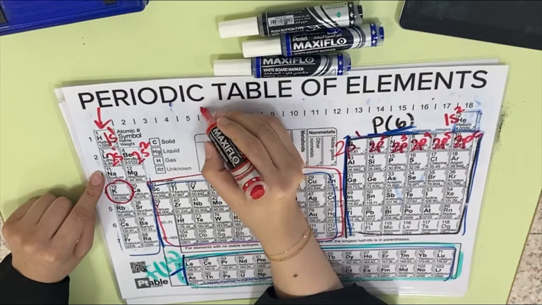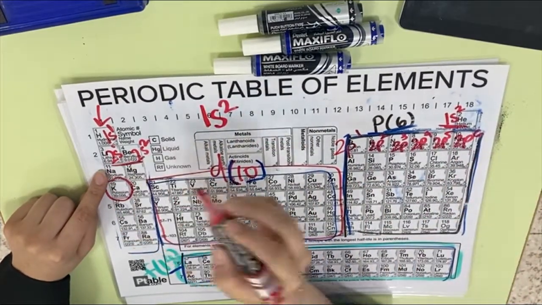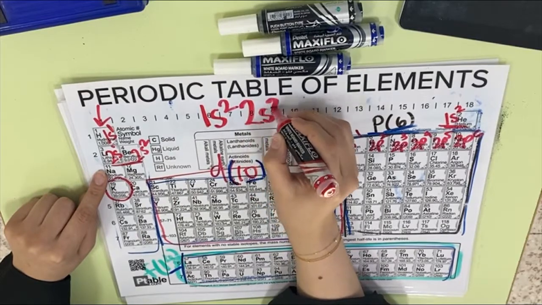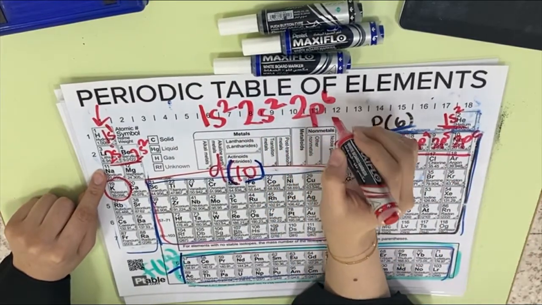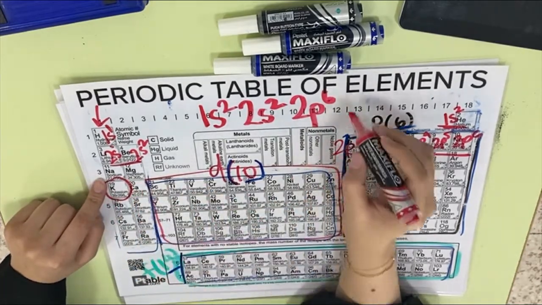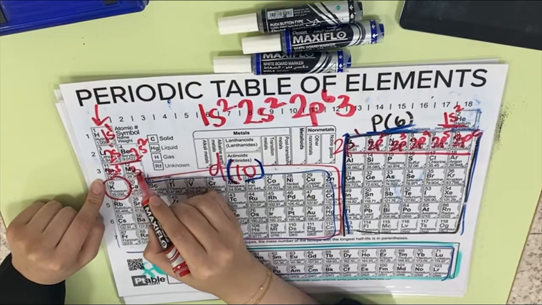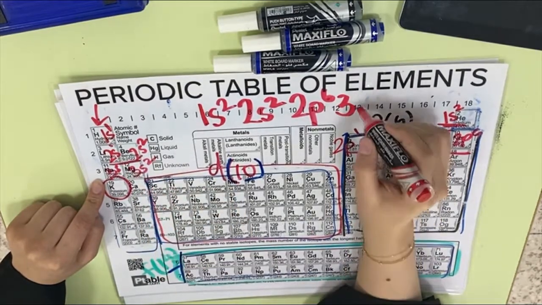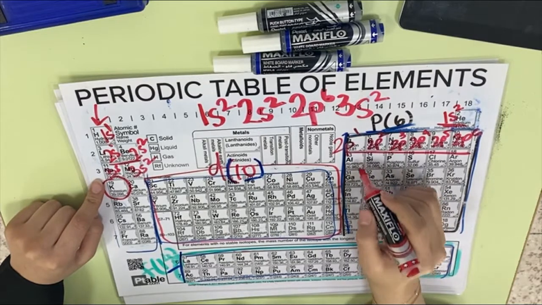So far, we have 1s squared here, and then we have here 2s squared, and we have here 2p6. Let's go to the 3rd row. Of course, we have to write 3s1, 3s2. So we have 3s squared. Now we're back to p.